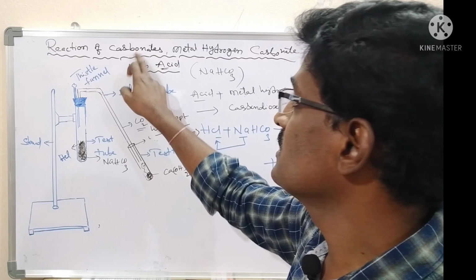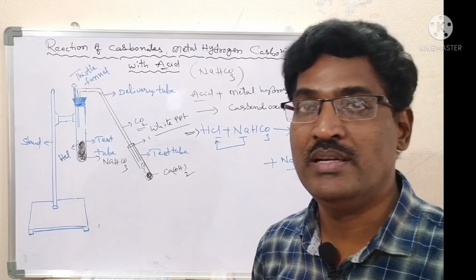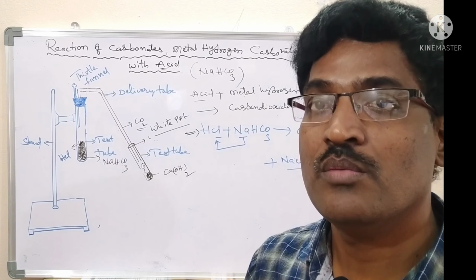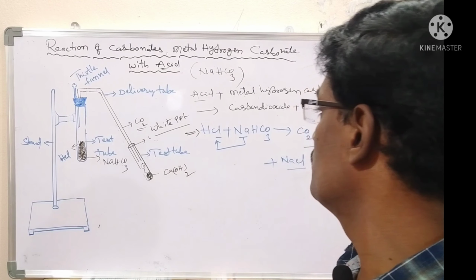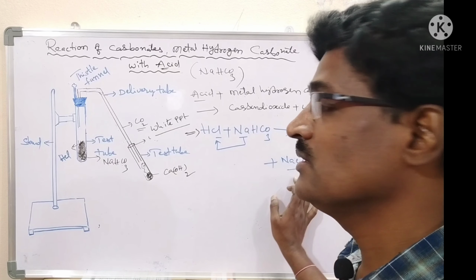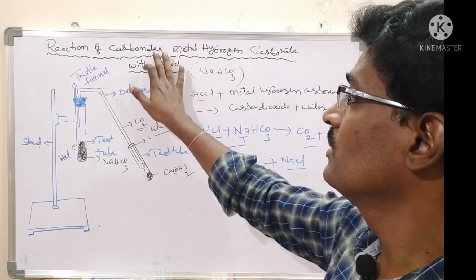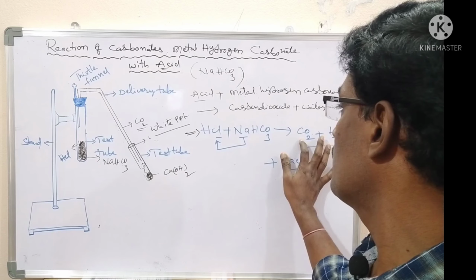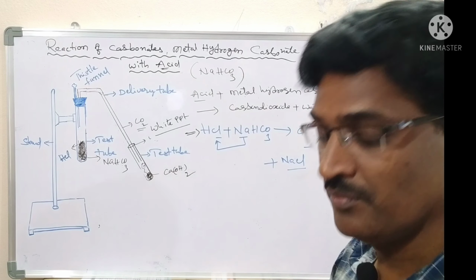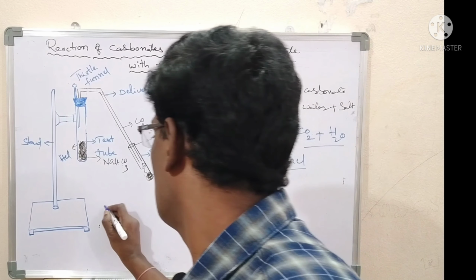When carbonates and bicarbonates react with acids, they produce carbon dioxide, water and salt. Both carbonates and bicarbonates give carbon dioxide, water and salt. Here I am writing the conclusion or result.